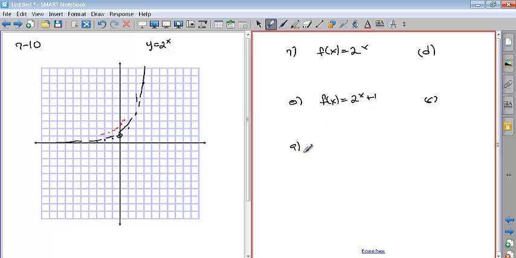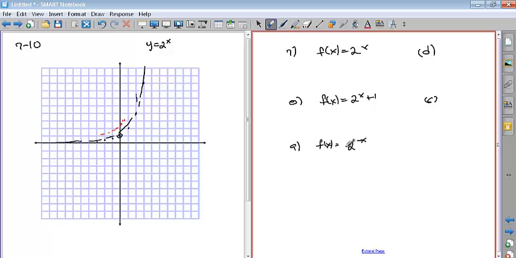Number 9 is f of x equals 2 to the minus x. So when you have the negative sign associated with the argument of whatever the parent function is, then that is a reflection across the y-axis.